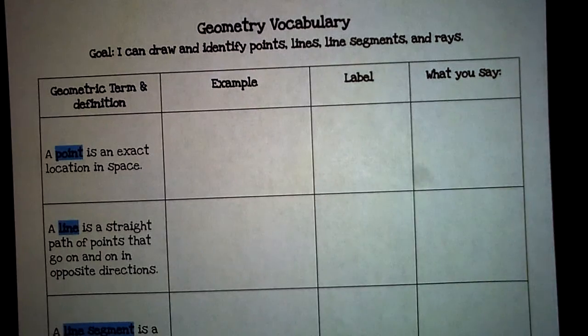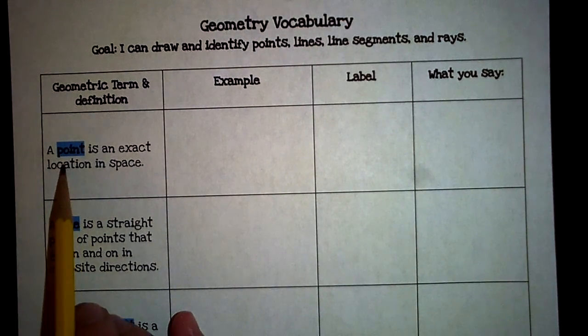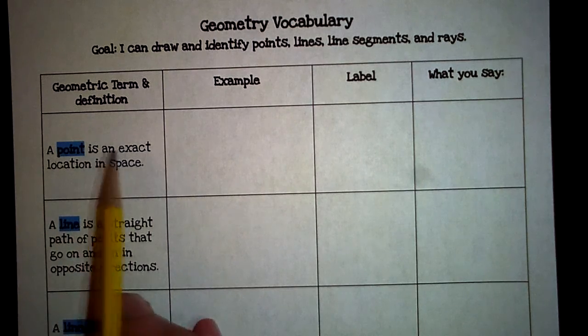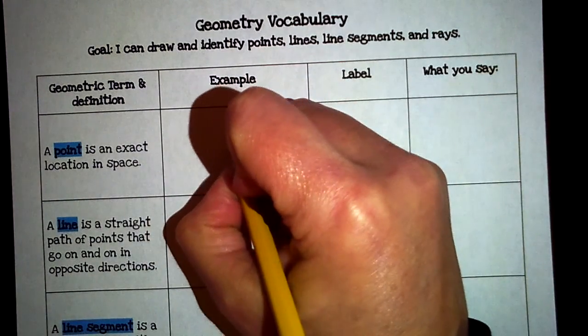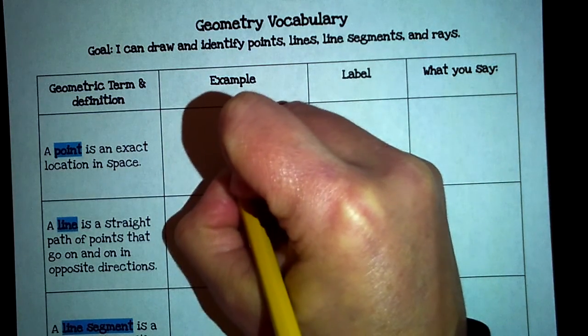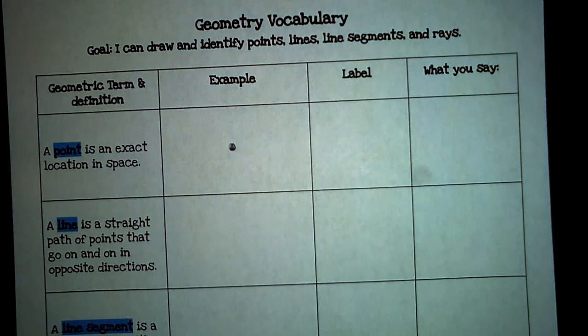Our first geometric term is a point. And the definition of a point is an exact location in space. An example of a point, and you can go ahead and draw this too, looks like a period at the end of a sentence.